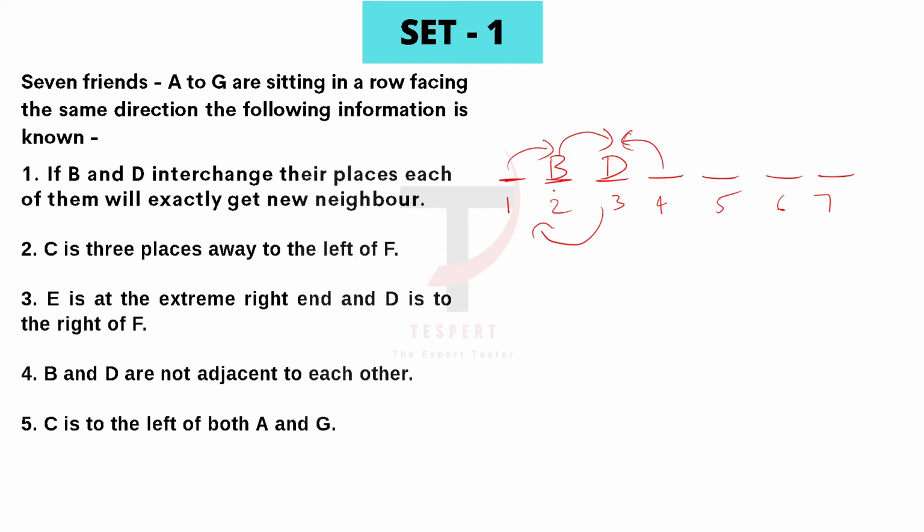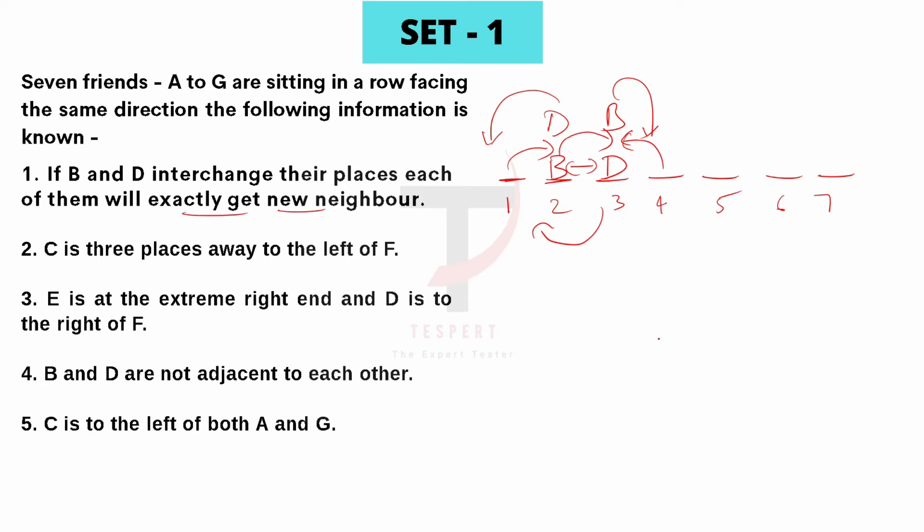Now the new neighbor of D will be 1 and the new neighbor of B will be 4. Of course B and D are mutual neighbors, they are common neighbors, but the new neighbors will be 1 and 4 respectively after interchanging. So exactly one new neighbor each.